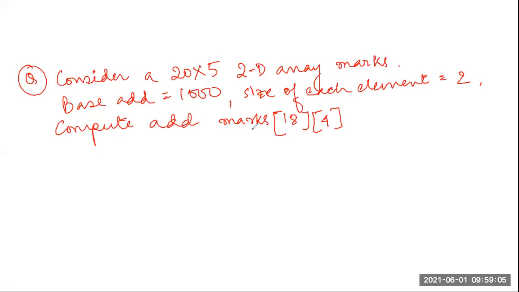This is the location whose element's address we need to find, and we will assume that the entire representation is in row major form. So this is the sum. Please solve it and write in the chat box what the answer is. We have seen the formulas yesterday, so it's time to execute the formulas also.